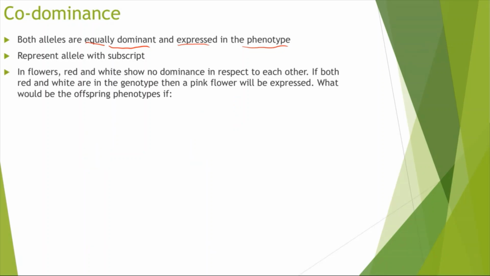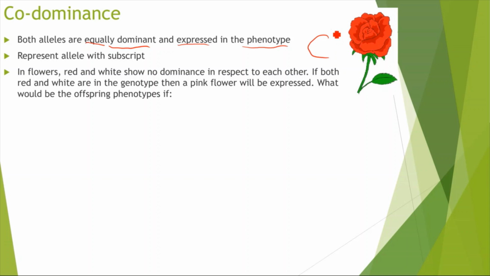So going through an example, I've been told that in flowers, red and white show no dominance in respect to each other, and if both red and white are in the genotype, then a pink flower will be expressed. So to show red, because it's color, I can say it's C and R as my subscript.